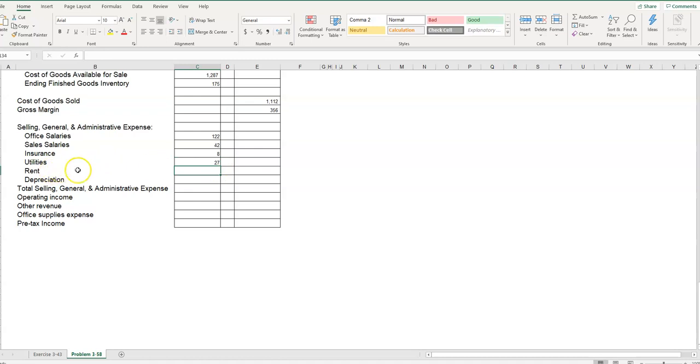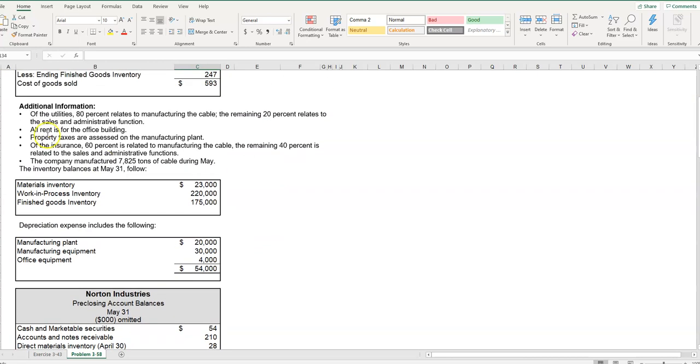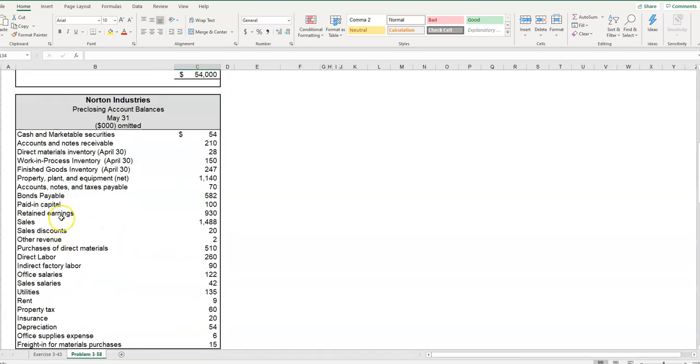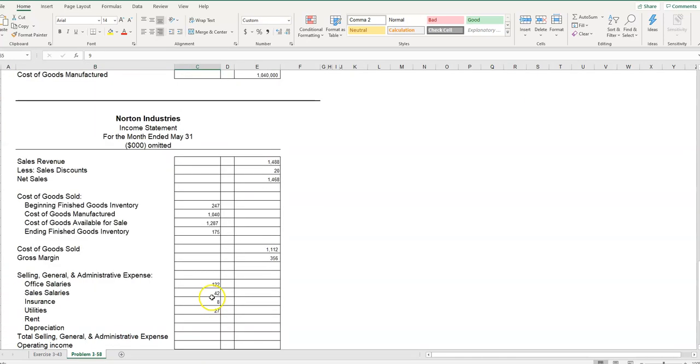For rent, our notes up here say that all rent is for the office building. So 100% of our rent is a period expense with the office building, $9,000.